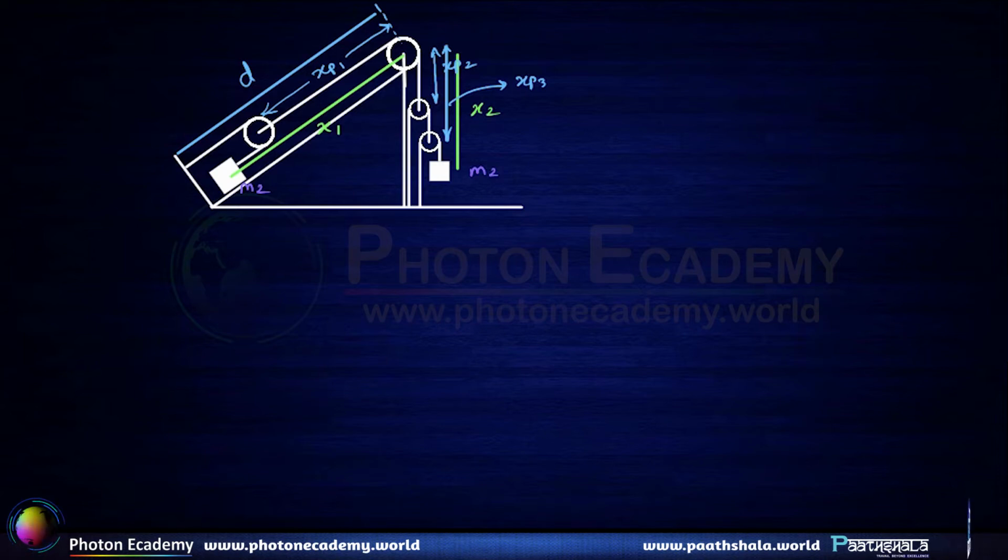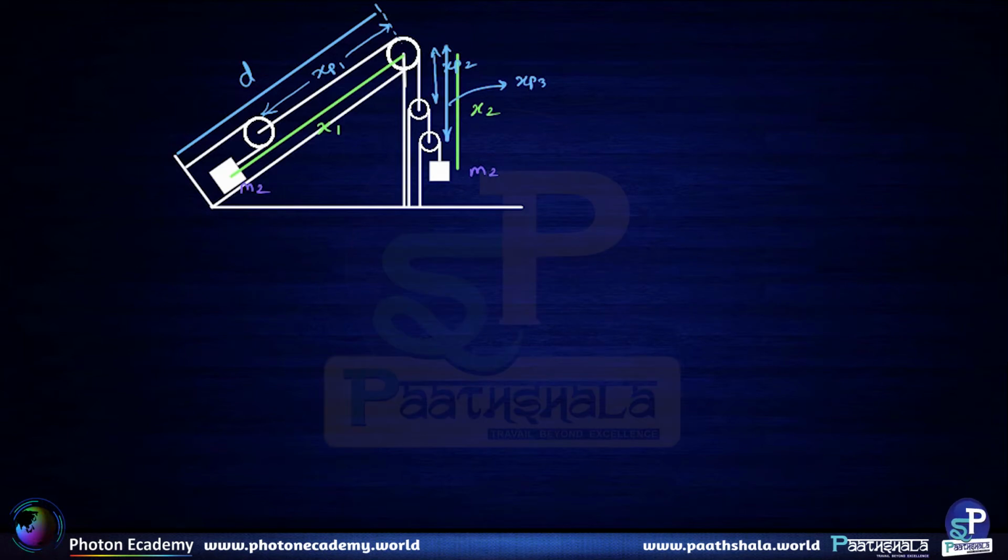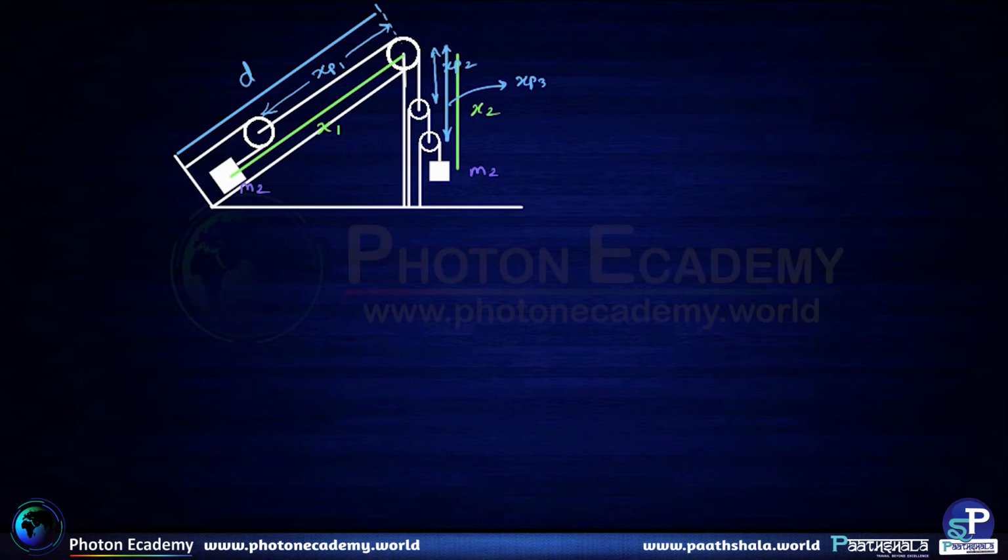So we can write down for this particular string, this much part is nothing but d minus xp1, and this much part is nothing but x1 minus xp1. So we can write down d minus xp1 plus x1 minus xp1 equal to length of string 1, L1.